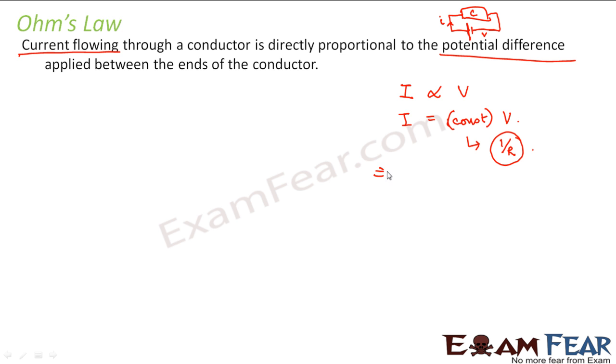So this law became popular as I is equal to 1 by R into V, or V is equal to IR. That is, current and voltage are directly proportional to each other. As the potential difference increases, current increases, and vice versa.